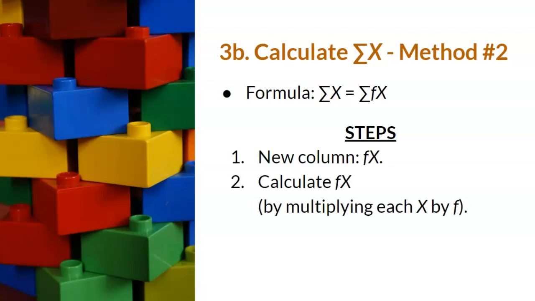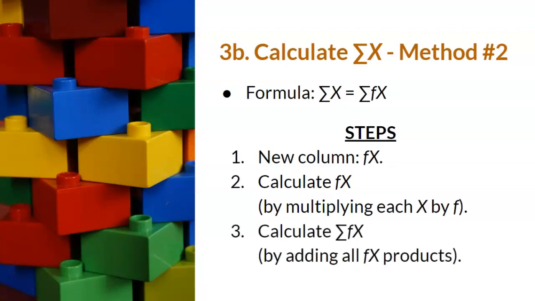Step 2 is to calculate fx for each value, or to multiply each x by f. Step 3 is to calculate the sum of fx, or to add up all the fx products.